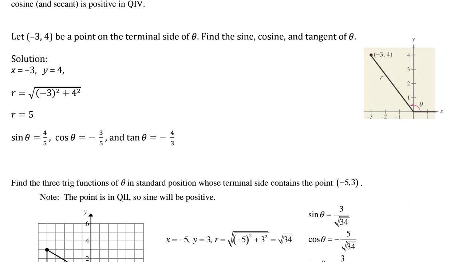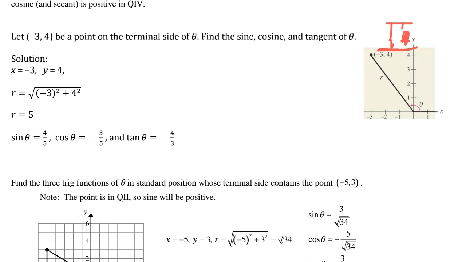So they're saying you got a point (-3, 4). Sorry, negative 3, 4. The first thing you have to look at is come to this thing and say, all right, this is in quadrant 2. Always look at your quadrant first, see where it is. Quadrant 2.